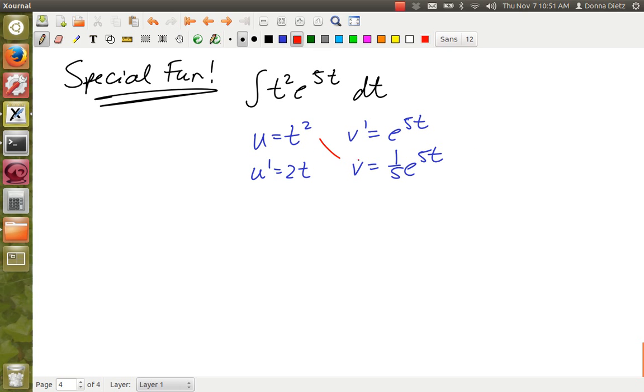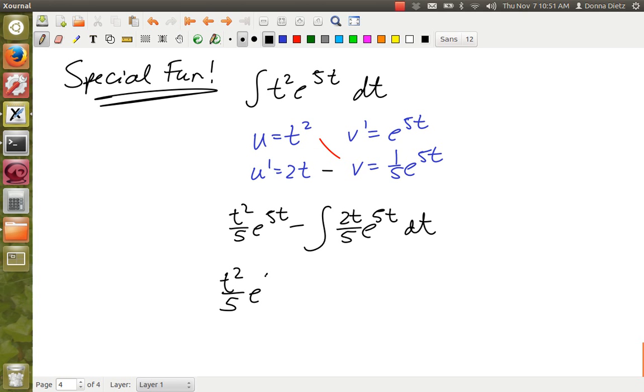So we go ahead and do this, and we do t squared over 5 e to the 5t minus integral of the other stuff, 2t over 5 e to the, uh-oh, what happened? Not a big deal, but we have to do integration by parts again, unless we happen to have on hand some memory of this particular problem.